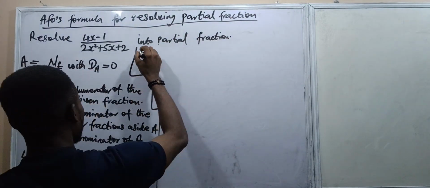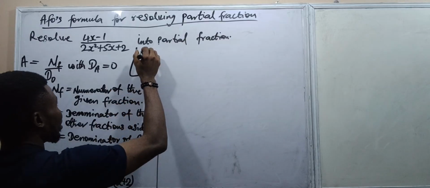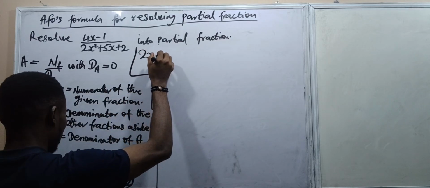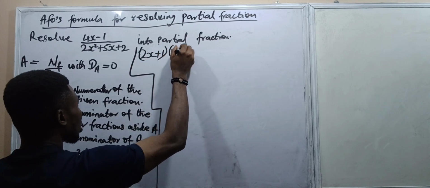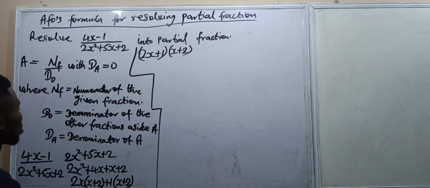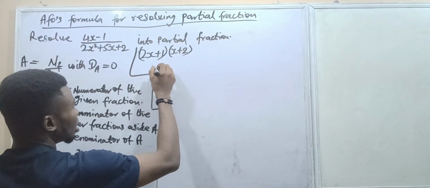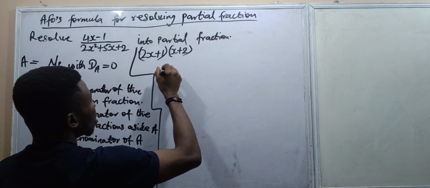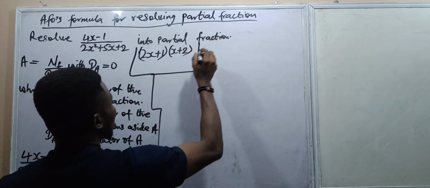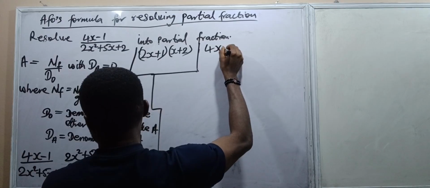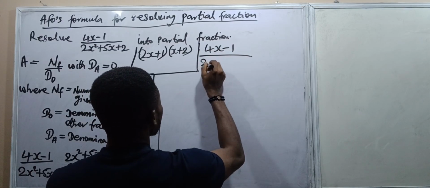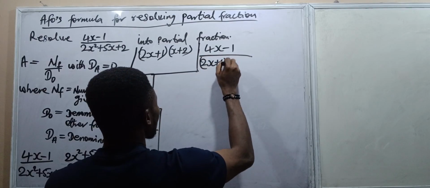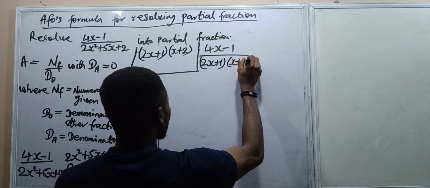So we notice that the factors of the denominator are 2x plus 1 and x plus 2. Now, putting back the denominator, we have 4x minus 1 all over 2x plus 1 and x plus 2.